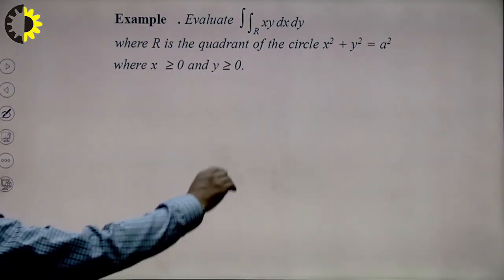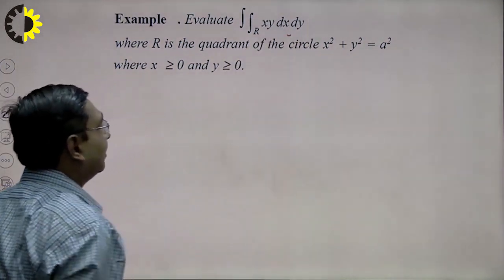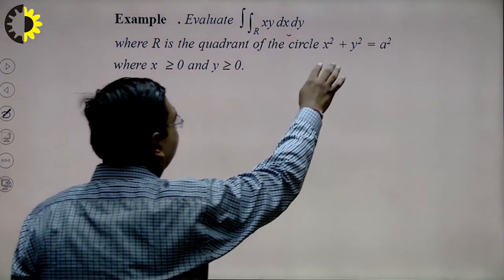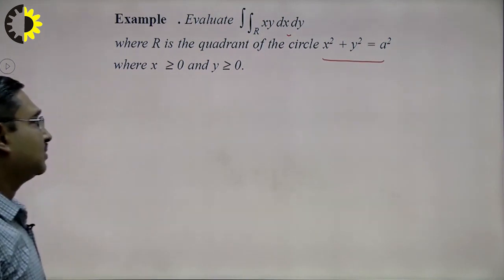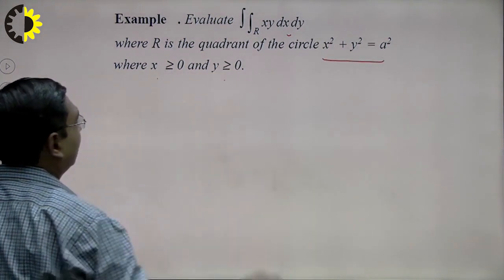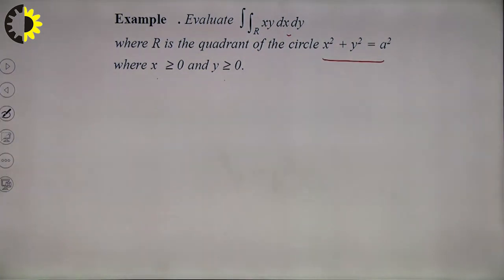Example says, evaluate this double integral over R of xy dx dy, where R is the quadrant of the circle x square plus y square equal to a square, where x greater than equal to 0 and y greater than equal to 0.